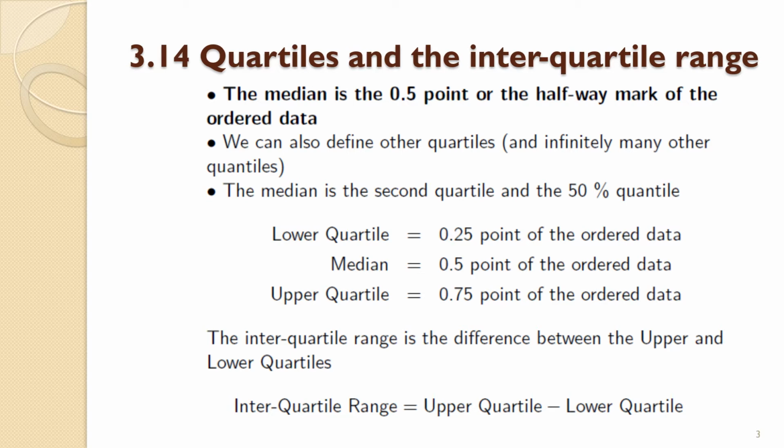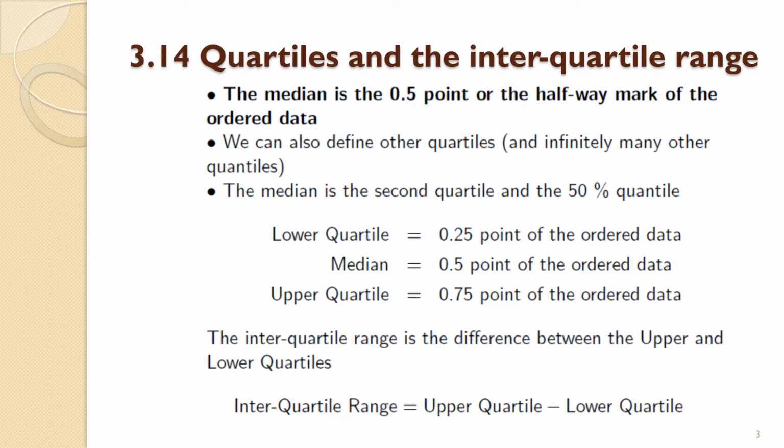The median is the second quartile and the halfway point, or the 50% quantile, and then you can similarly define the lower quartile to be the 0.25 point or the quarter way mark of the ordered data, and the upper quartile to be the 0.75 point or the 3/4 mark of the ordered data.